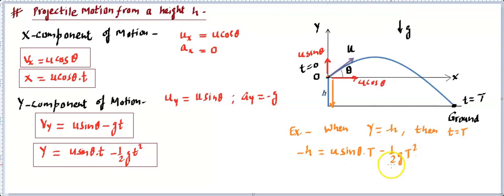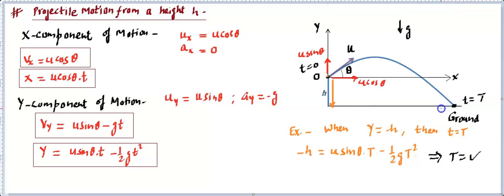And this is a quadratic in time. If h is given in terms of a number, u is given in terms of a number, theta is given in terms of a number, g is a number, so this is going to be a quadratic equation in t. And from here we can easily find out what t is. That means we can find out how much time it's going to take to land on the ground.